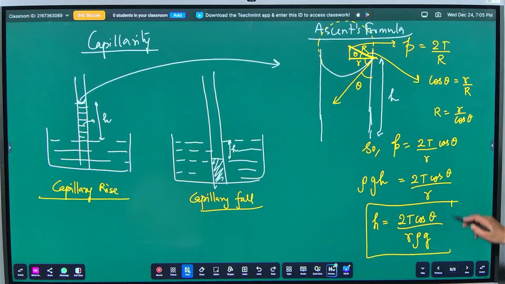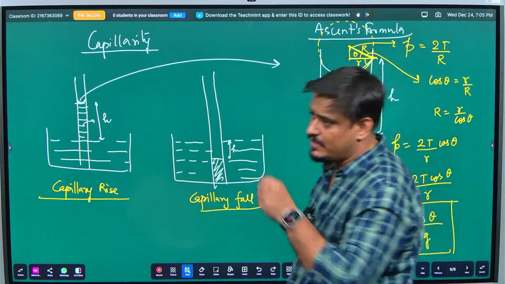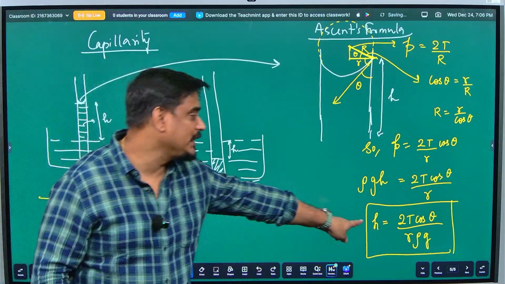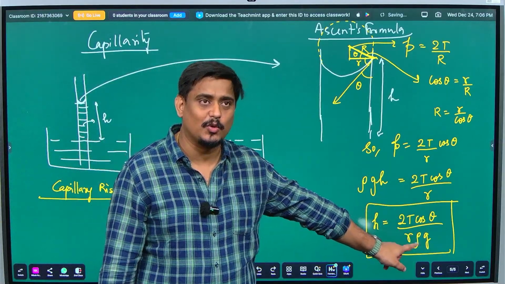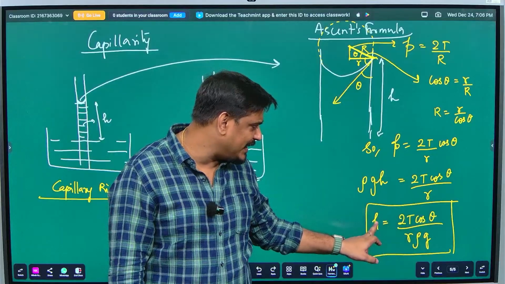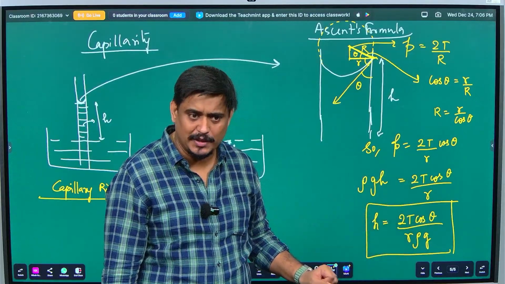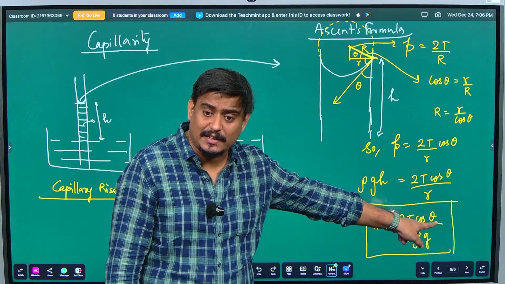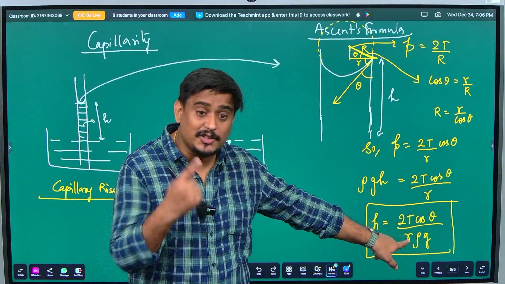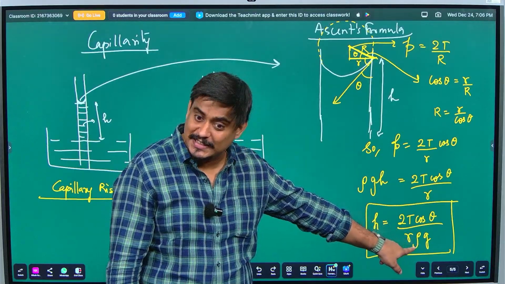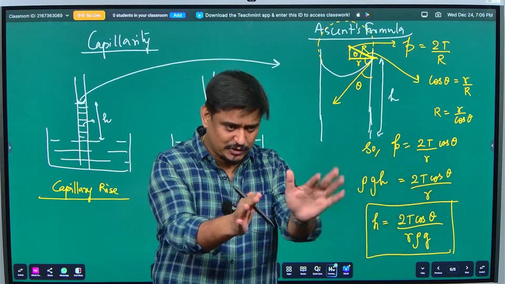So the formula says that the height of the capillary rise is 2T cos theta by r rho g. Now please pay attention. You will realize that this height depends upon certain things. It depends upon the surface tension of the liquid, the angle of contact, the radius of the tube, and the density of the liquid. And obviously g is the same at a particular place.